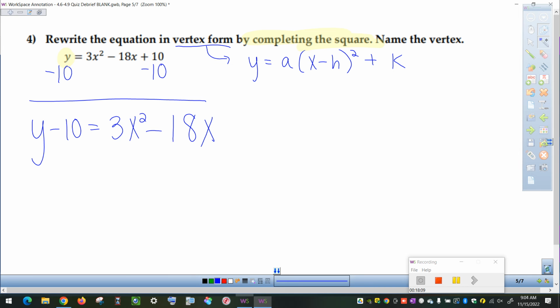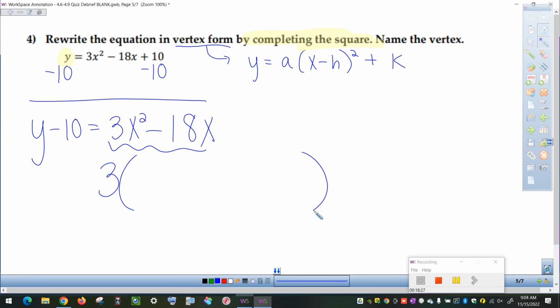Now, in order for us to be able to complete the square, we can't have that 3 in front of the x squared. And so we have to divide those two terms by 3. It's like factoring out 3 as a greatest common factor. It's not totally a greatest common factor because we need all the x's to stay on the inside. The only thing that we're taking out is just the number 3.